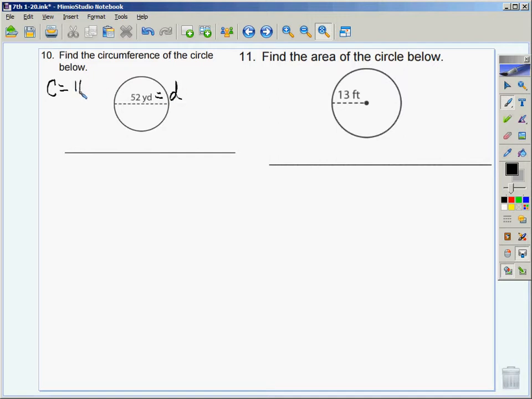So I want to use this formula. Pi d. What do I replace pi with? 3.14. What do I replace d with? 52. And when I multiply that out, I get 163.3, and I should label it yards.